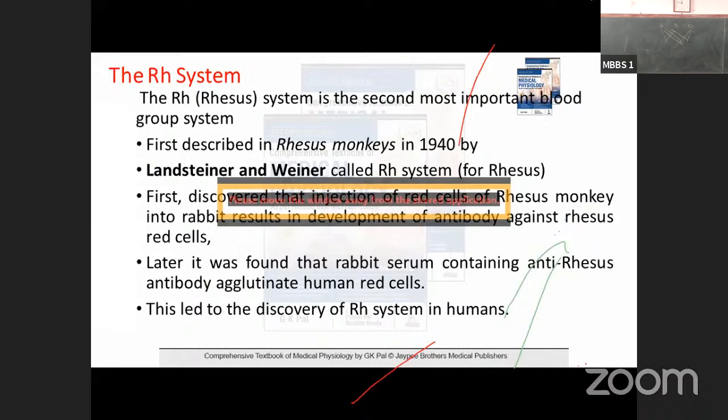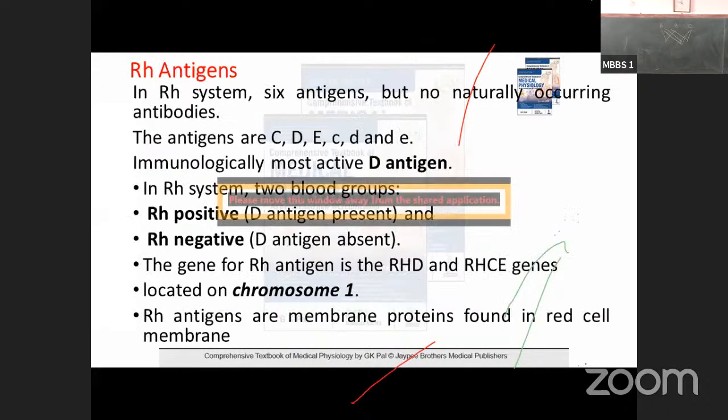These antibodies were brought in contact with the blood of a human. What happens? There is agglutination, a clump is formed. These antibodies form clumps with the red blood cells of the human being. And so there was the discovery of the Rh system in humans.